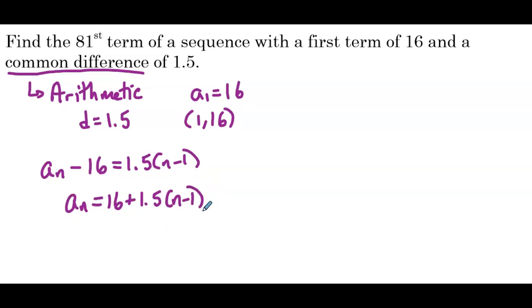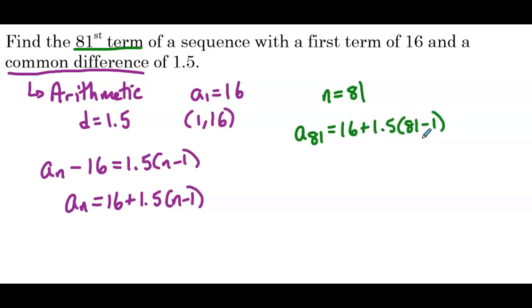And now that we have the explicit formula, we have to use it to find the 81st term. So that's going to happen when n equals 81. So a sub 81 equals 16 plus 1.5 times 81 minus 1. Remember, we want to do what's in the parentheses first. So that's 16 plus 1.5 times 80.